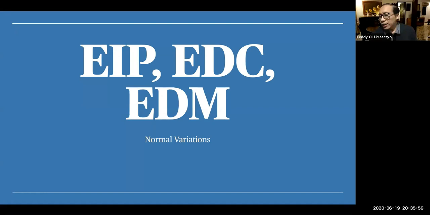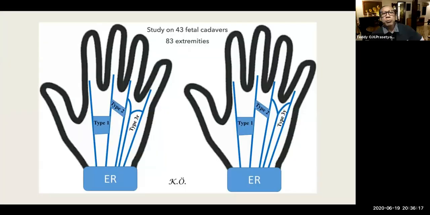Okay, now I bring you to the normal variation with the extensor indicis proprius, the extensor digitorum communis, the common extensor, the main extensor tendon for the digits, and also the extensor tendon for the little finger. This one is a study on 43 fetal cadavers with 83 extremities.